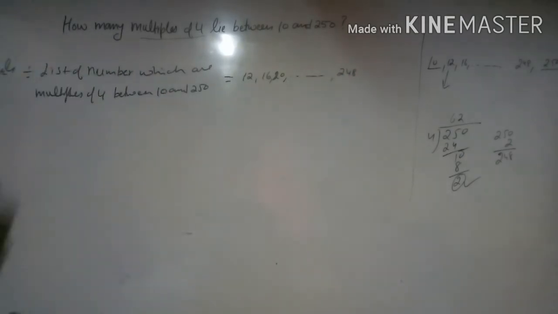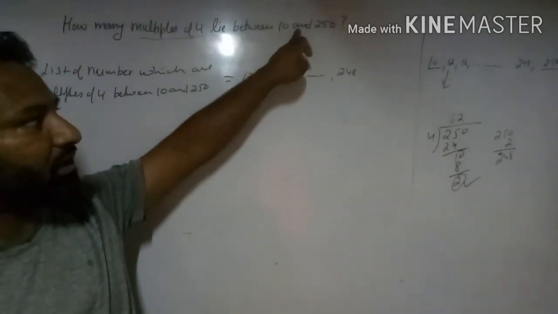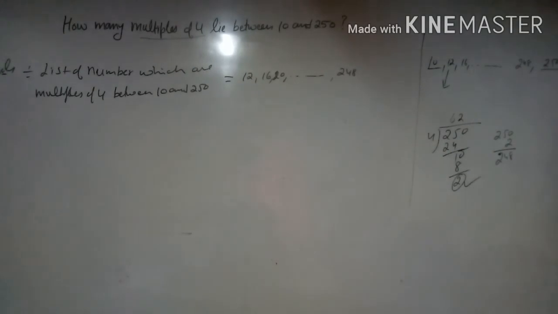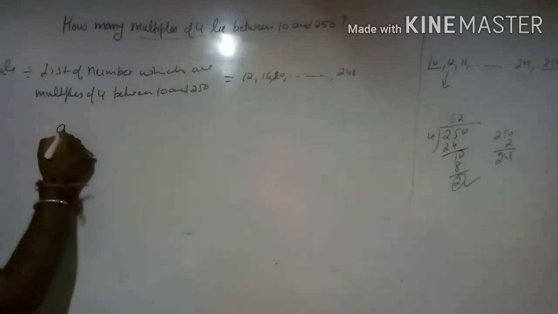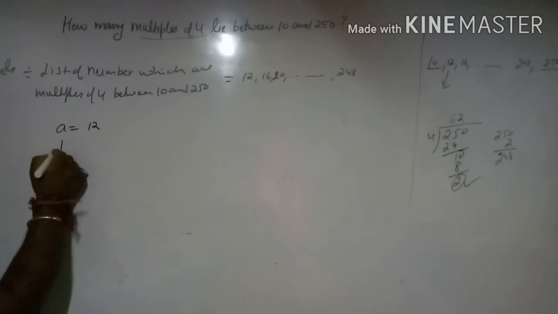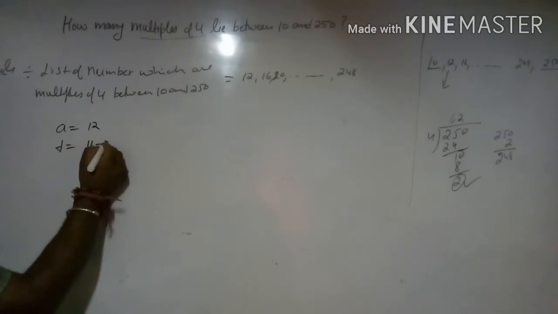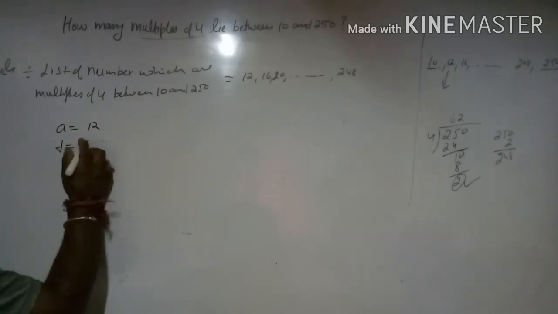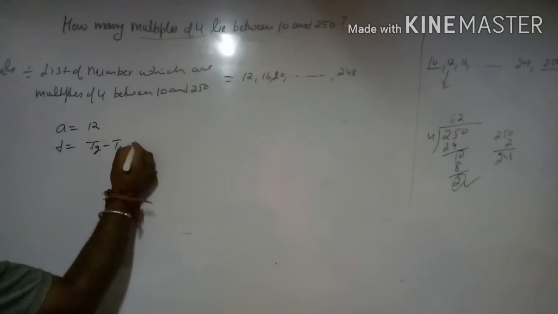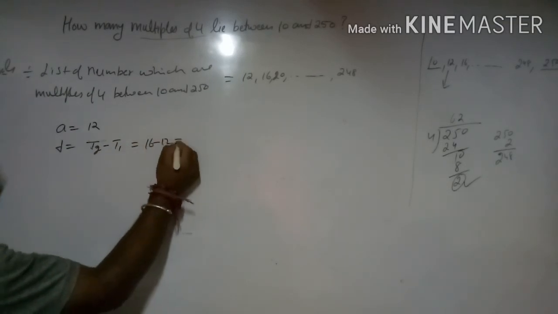These are the numbers between 10 and 250 which are multiples of 4. So here A is 12 and D is T2 minus T1, that is 16 minus 12, which is 4.